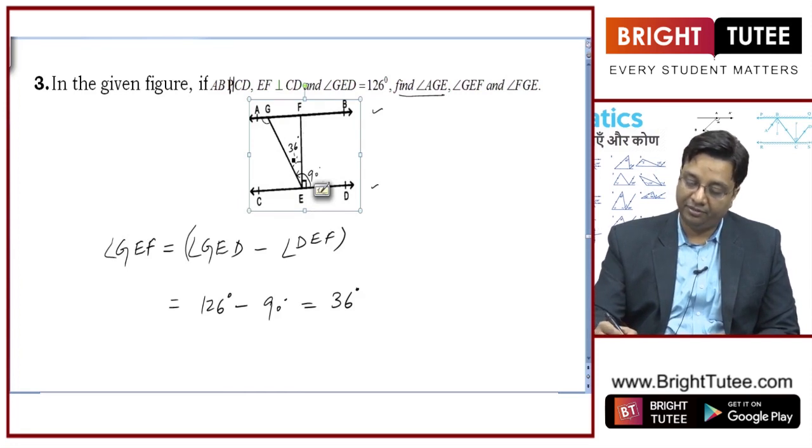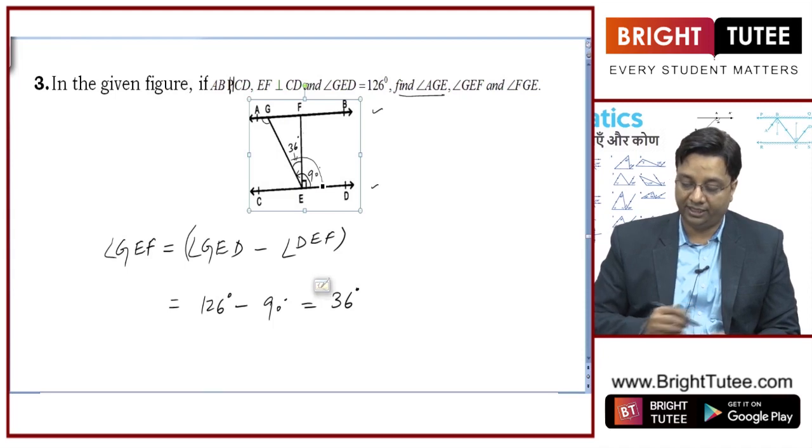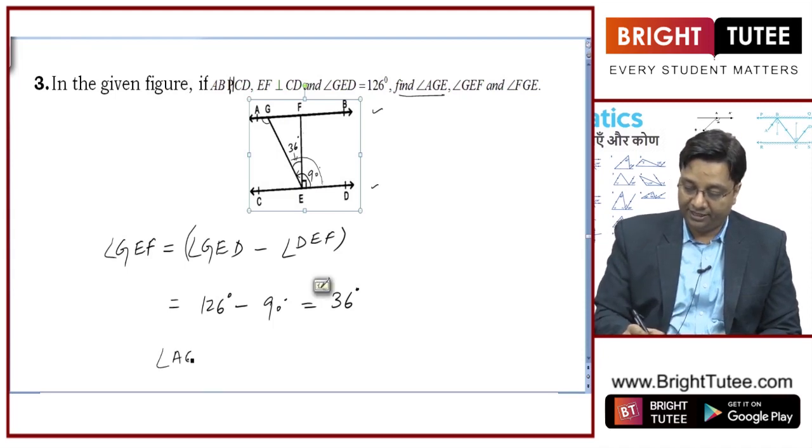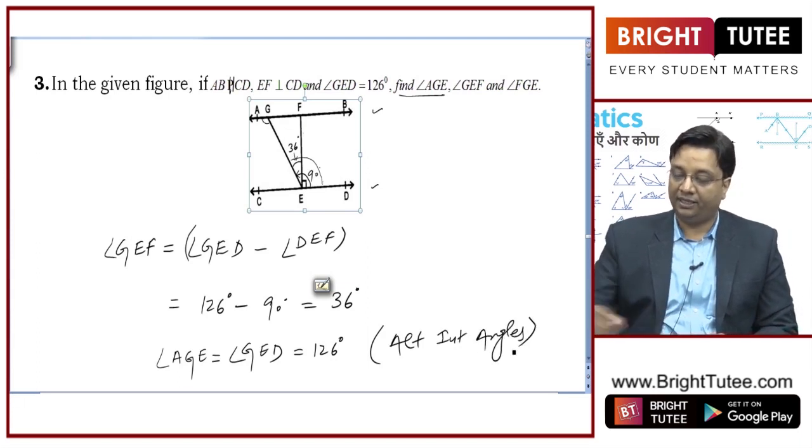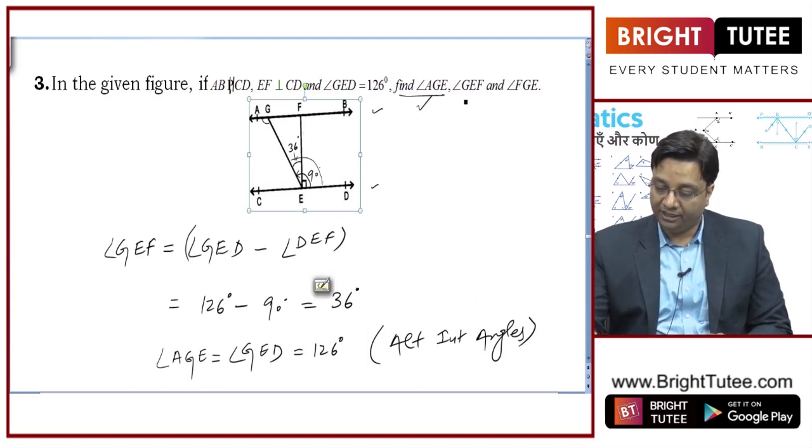It will definitely be equal to this complete angle because of alternate interior angles. So angle AGE is equal to angle GED equal to 126 degrees, alternate interior angles. Right? This we obtained. GEF we already obtained as 36.